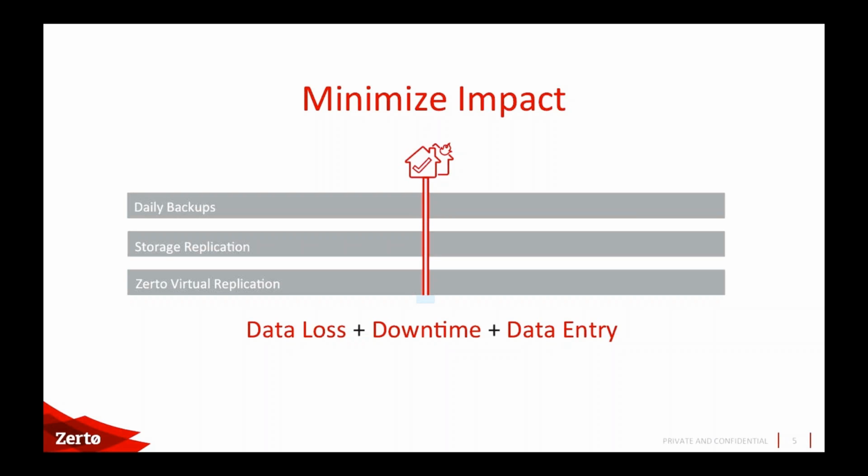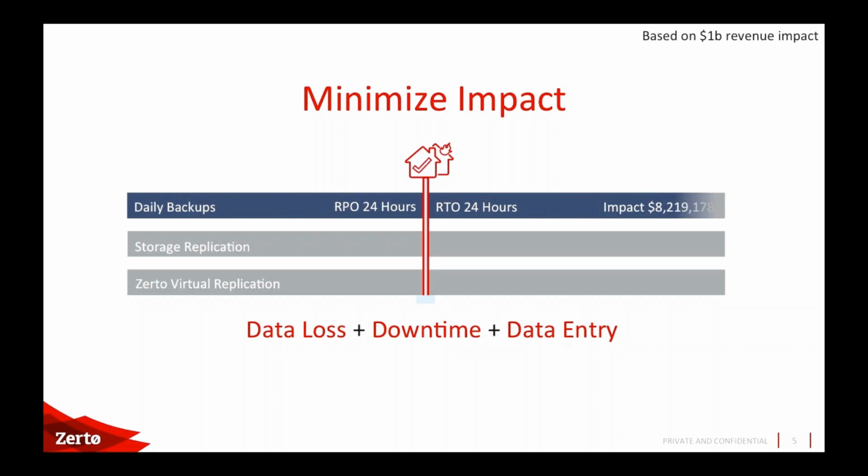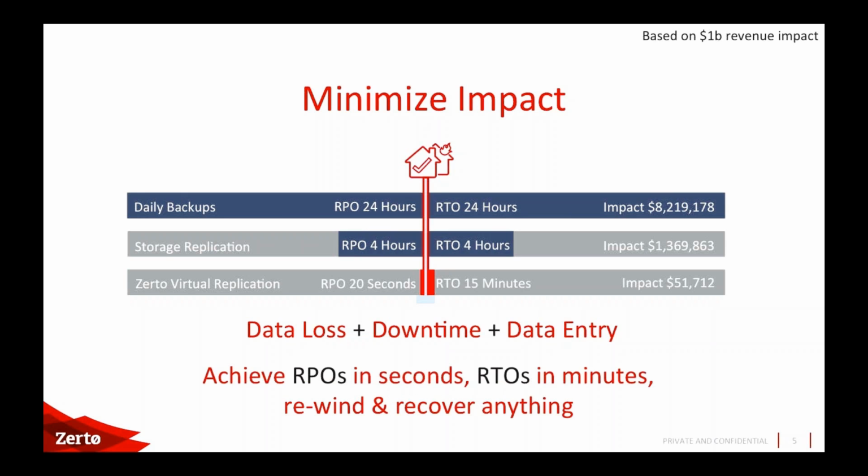Say an incident takes place, based on a $1 billion revenue impact, 24 hours could have an impact of over $8 million US dollars. A 4-hour recovery point objective or 4-hour recovery time objective could have an impact of 1.3 million US dollars.